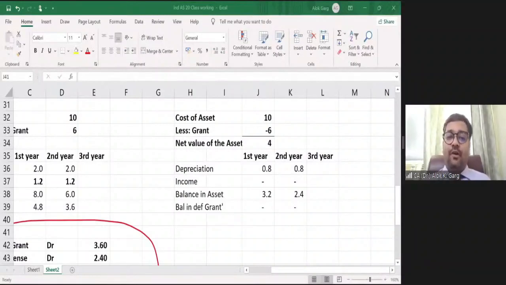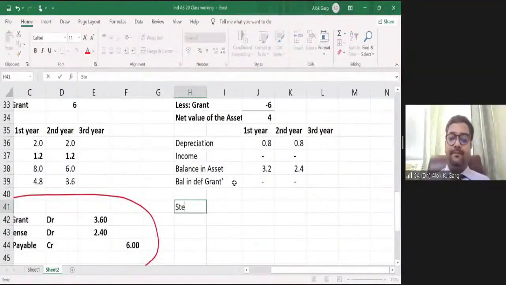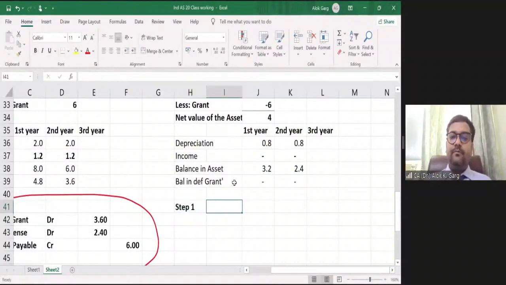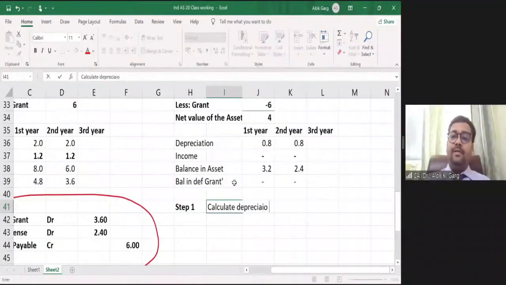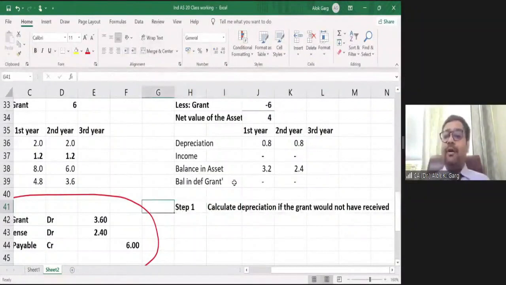So first of all, friends, you need to calculate. First step: calculate depreciation if the grant would not have been received. If the grant had not been received, what would be the cost of the asset?